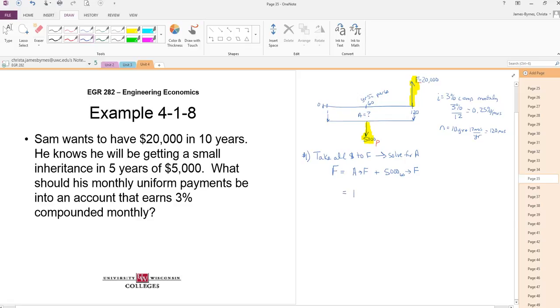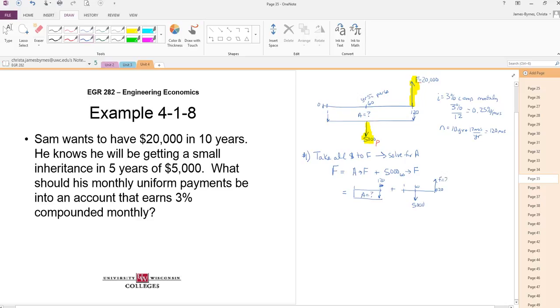I could say, well, it's 1 through 120 of my A, plus I've got 5,000 at period 60.